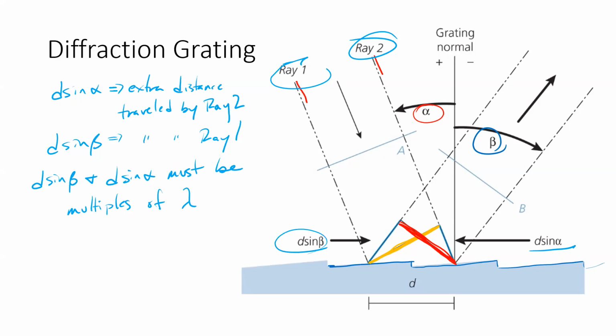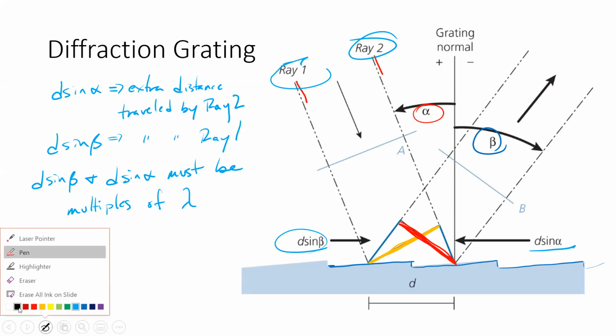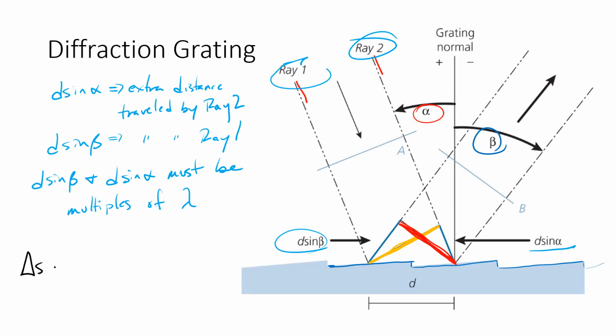And so our equation for a diffraction grating: delta S, that's our difference in the path length, is equal to m times lambda, is equal to d times (sine alpha plus sine beta). Okay. M here is what we call the order of diffraction.